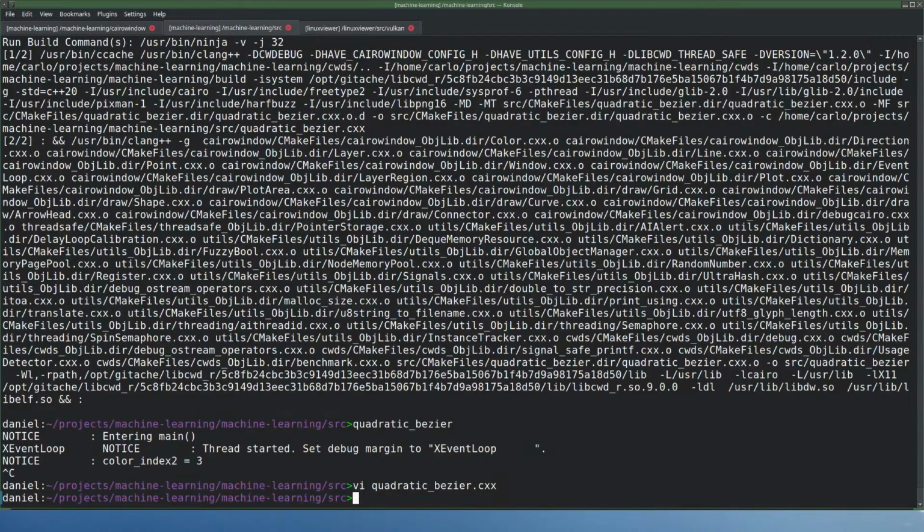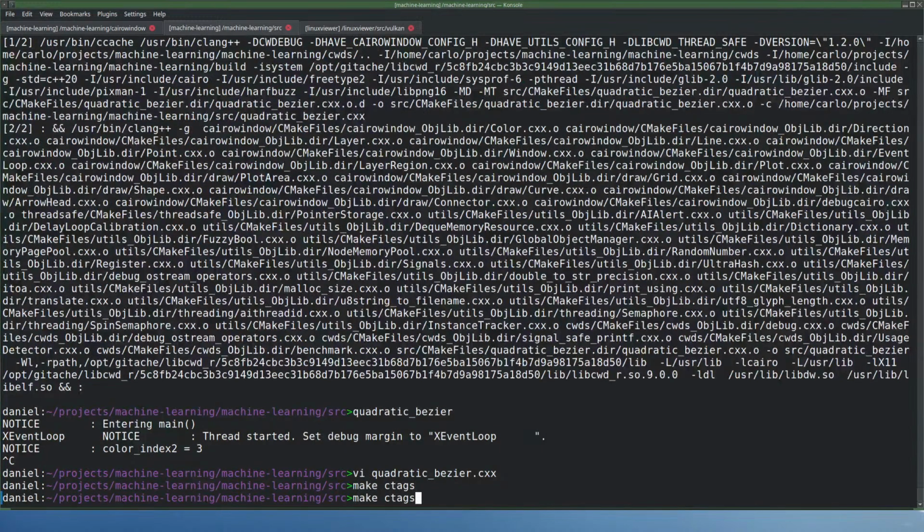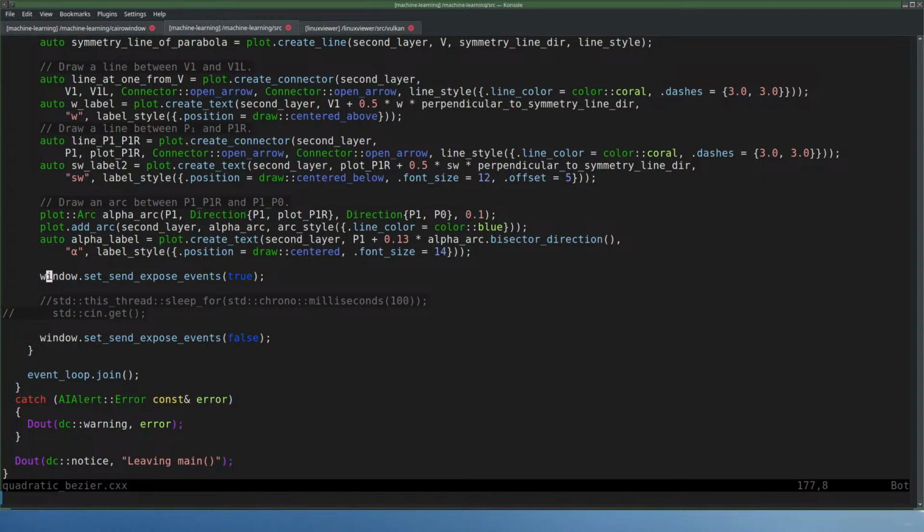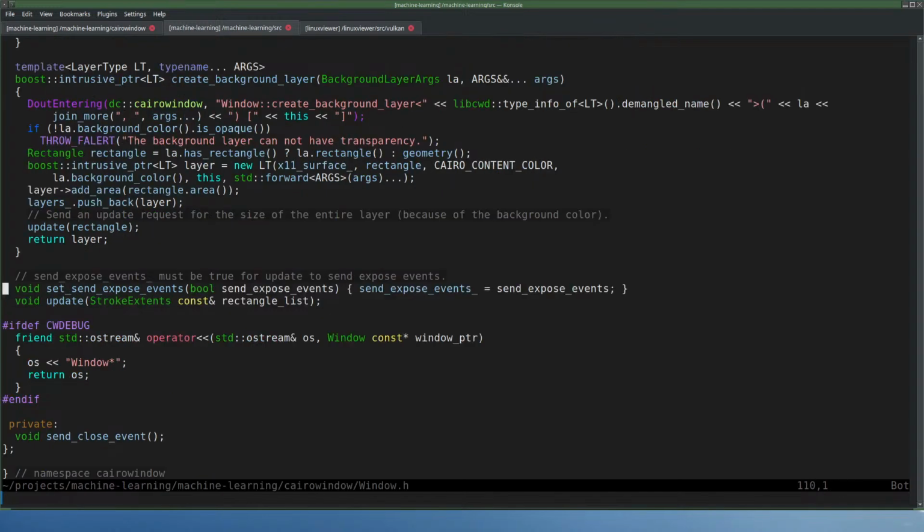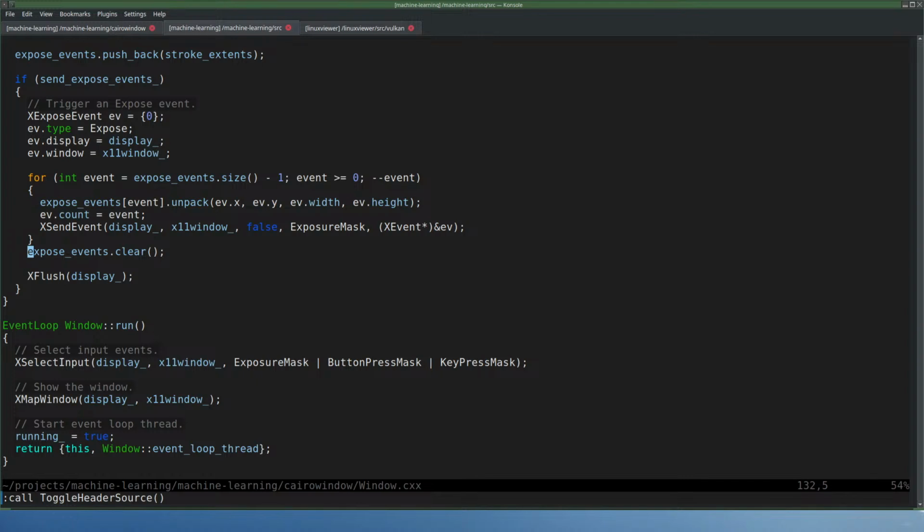Yeah, I should do the exposure also if you just call this function. Let's say we make it a set expose events there. Let's put it here.